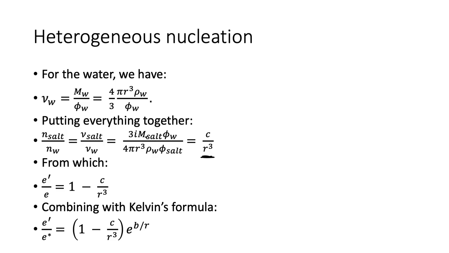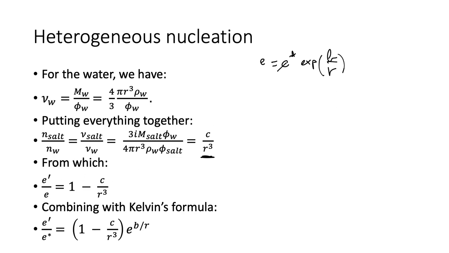So if you put all this together, go back to Raoult's law, and you have E prime over E equals, very simply, 1 minus C over r cubed. And C is something that you can simply compute: 3 I m salt phi W over 4 pi rho W phi salt. Combine everything together. Now remember that E was E star times exp B over r.